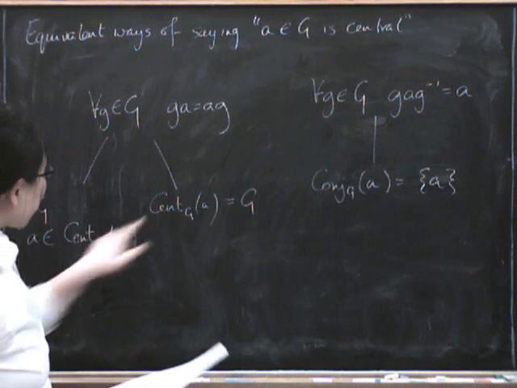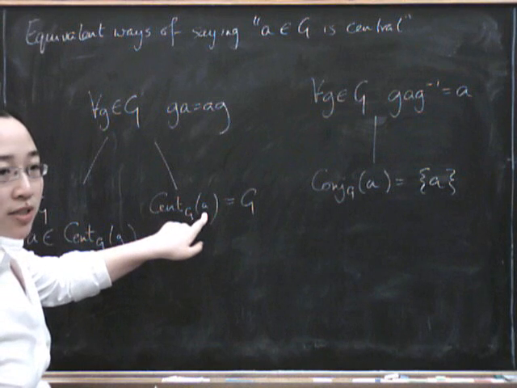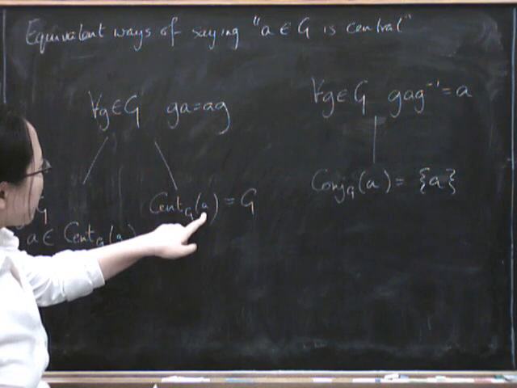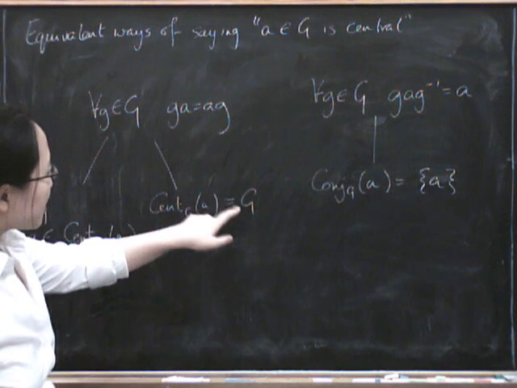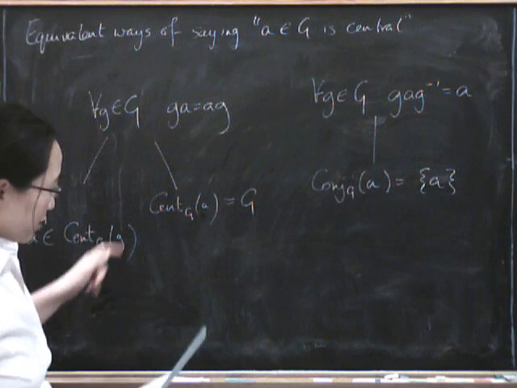So these are kind of the other way around from each other. This is saying which are all the elements that centralize A, and declaring that every element centralizes A. But now we're saying for every g, A is in the centralizer of it.